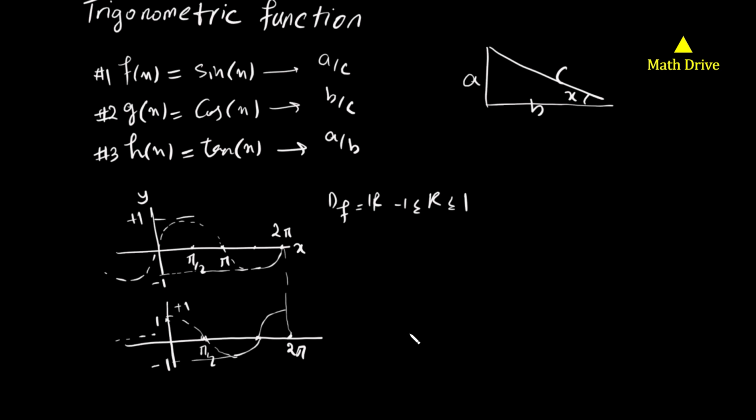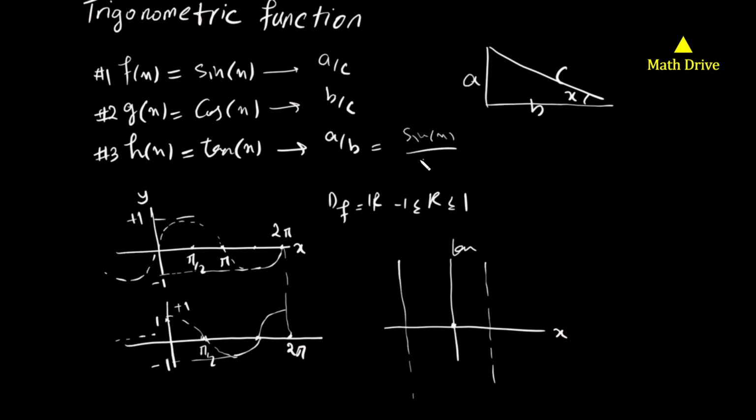The tangent is a little bit different. If you look at this right triangle, the tangent is opposite over adjacent, so it has a lot of variation. It can be basically any number. If we take a look at tangent of x, tangent 0 is clearly 0 because sine 0 is 0. But if we look at this function, tangent is equal to sine x over cosine x.